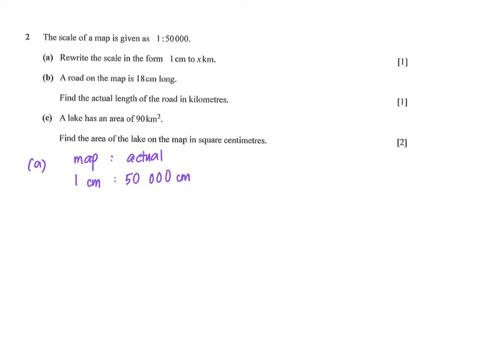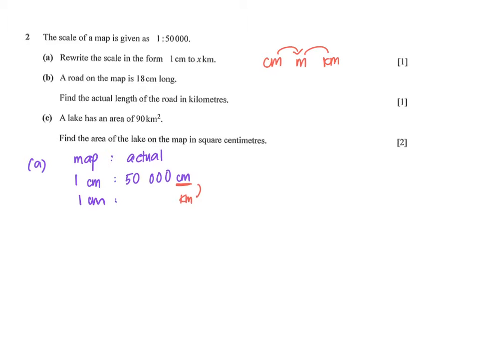Now they want us to keep 1 cm over here, and we want to change this part on the actual, the units here, into kilometers. How do we change from cm to kilometers? Now cm to meters and meters to kilometers. So 1 cm is 100 meters.